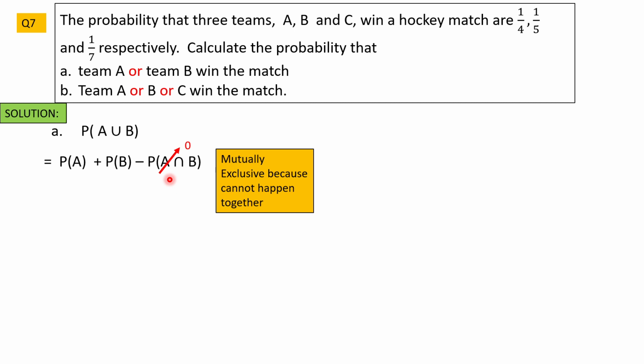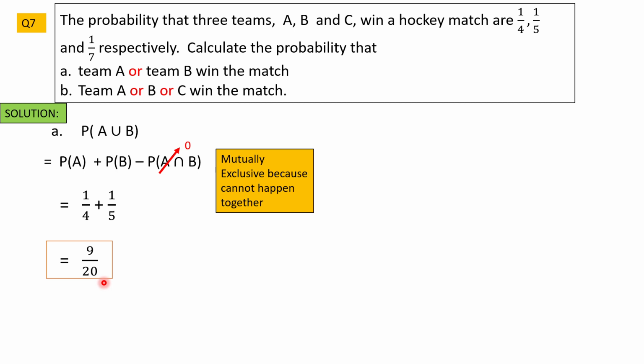Now you can calculate the probability. Here you are given the probability of team A winning the match, that is 1/4, plus the probability of team B winning the match, given as 1/5. Simplify and you'll get the answer as 9/20.